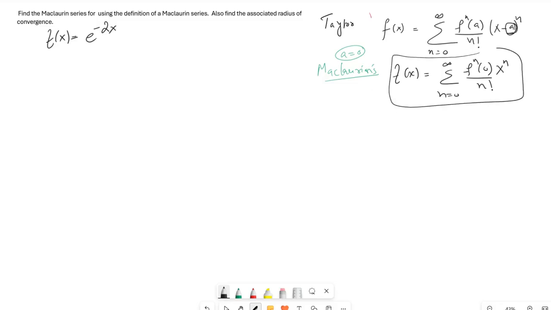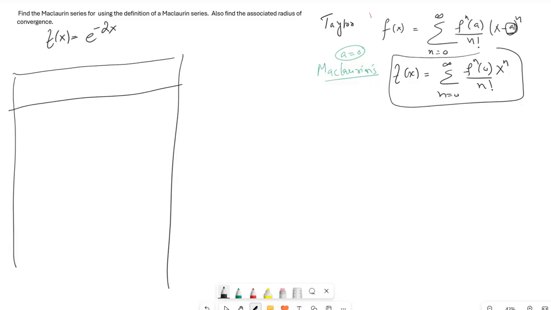To write the expansion, we need to find all the derivatives f^(n). I suggest you draw a table of values where n tells you which order you are at. 0 means no derivative: f(x) is e to the power negative 2x. 1 means the first derivative: e to the power negative 2x times the derivative of negative 2x, which is negative 2.